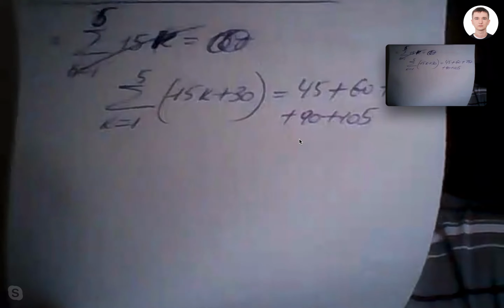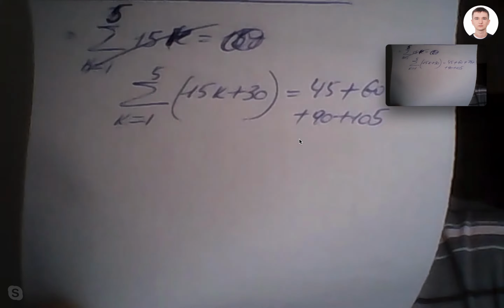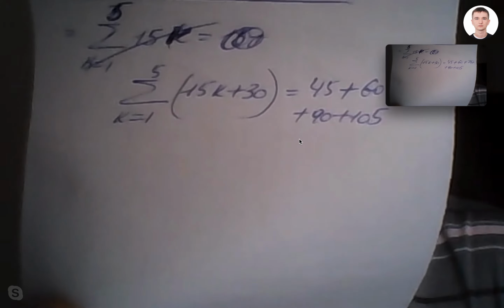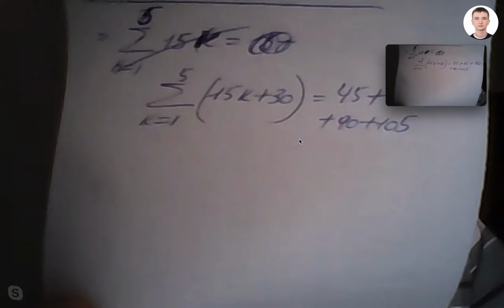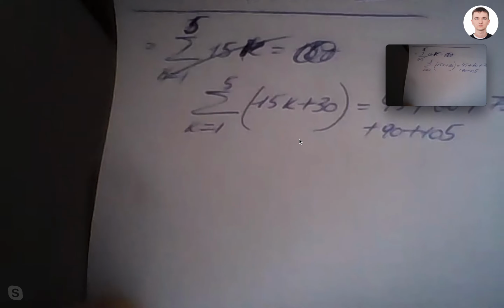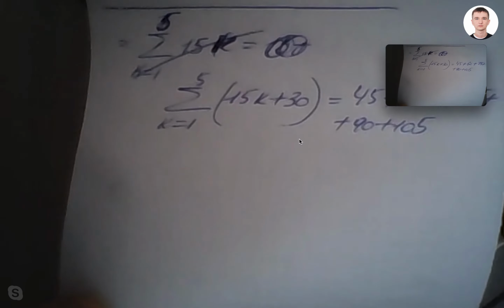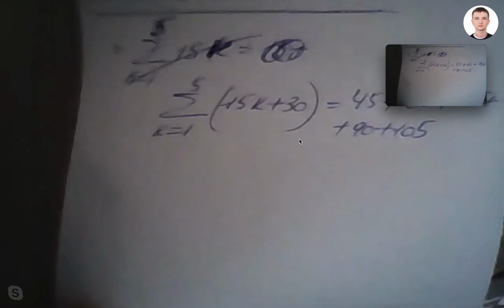When you substitute k with 4, you get 90, and then 105. So it works. The formula is correct.